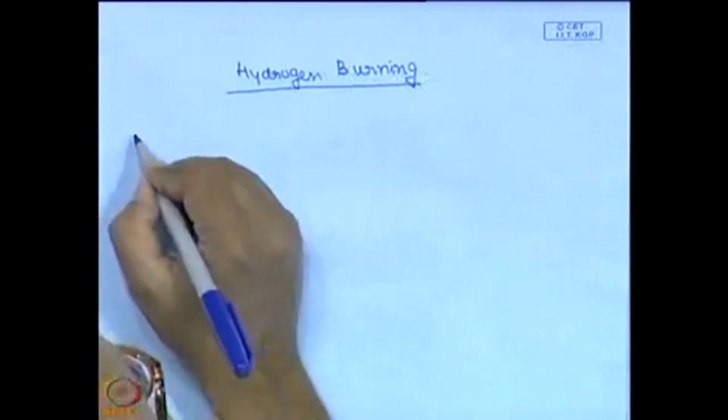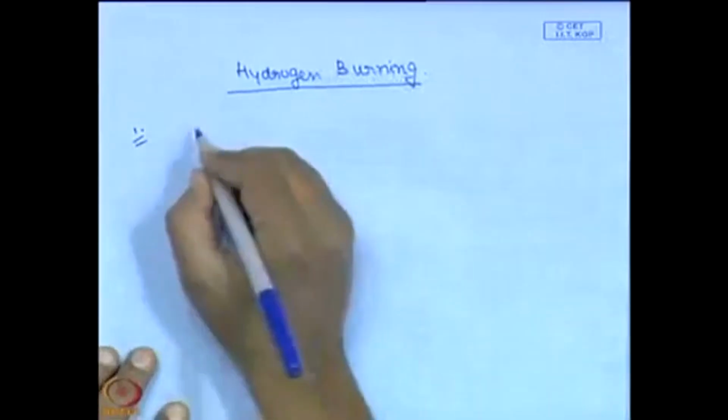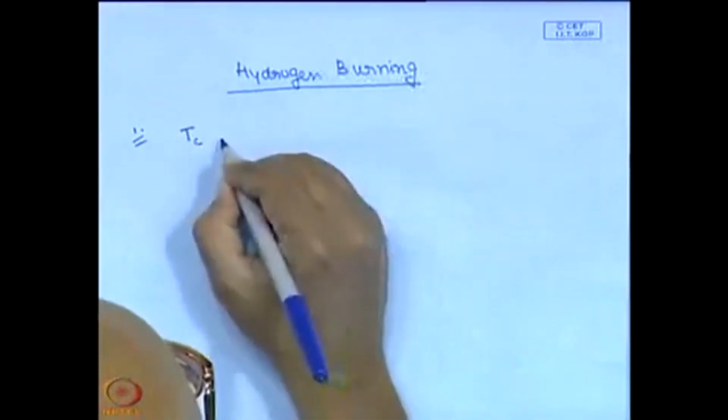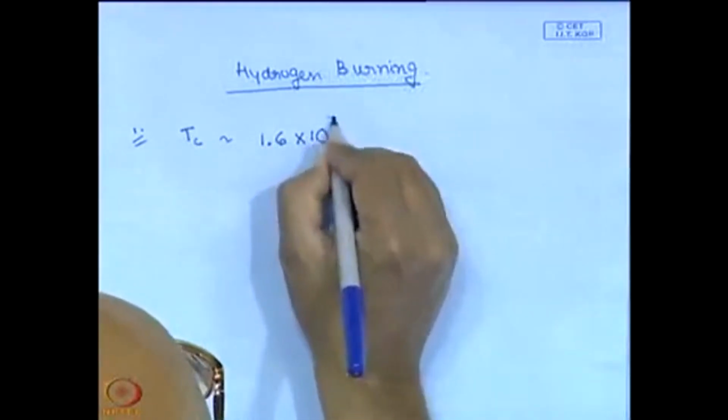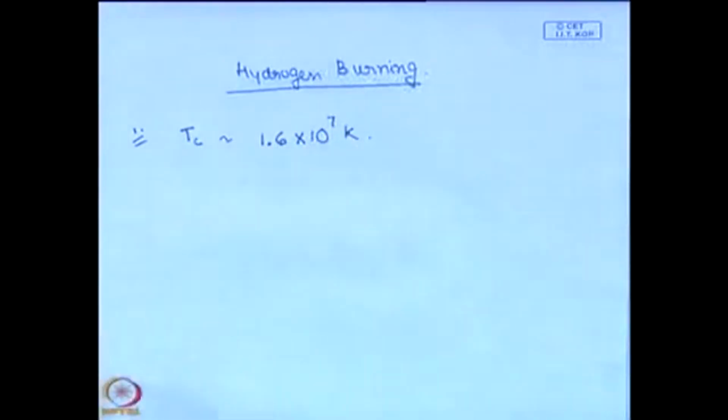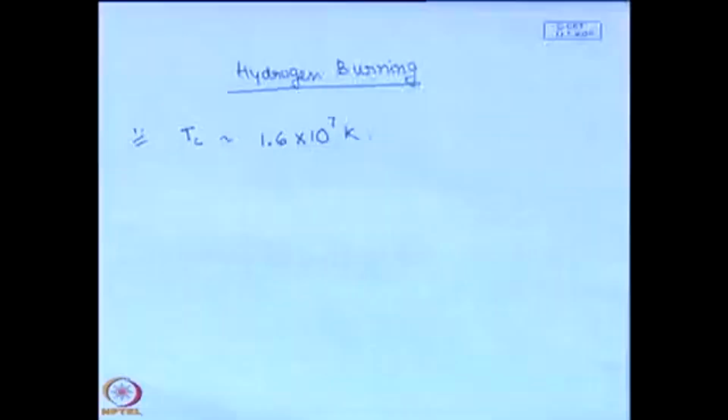The first part: we know that the temperature at the core of the sun is around 1.6 into 10 to the power 7 Kelvin. So, let us estimate the average energy of a particle, of a proton, at this temperature.